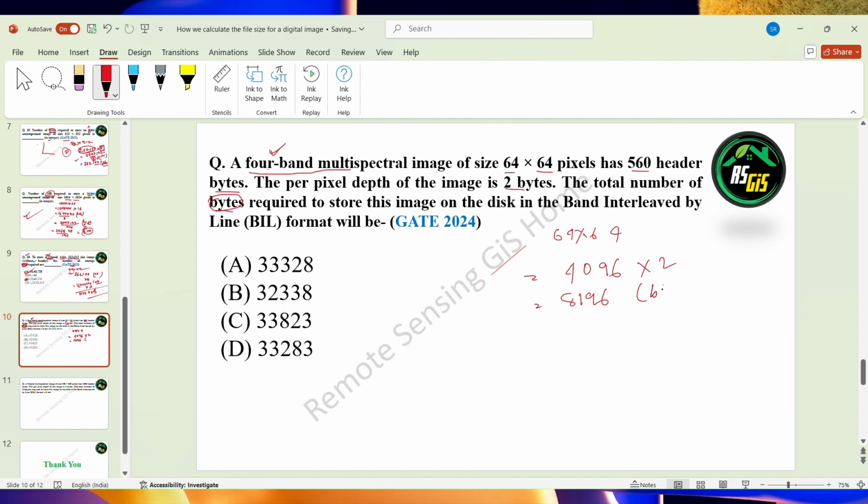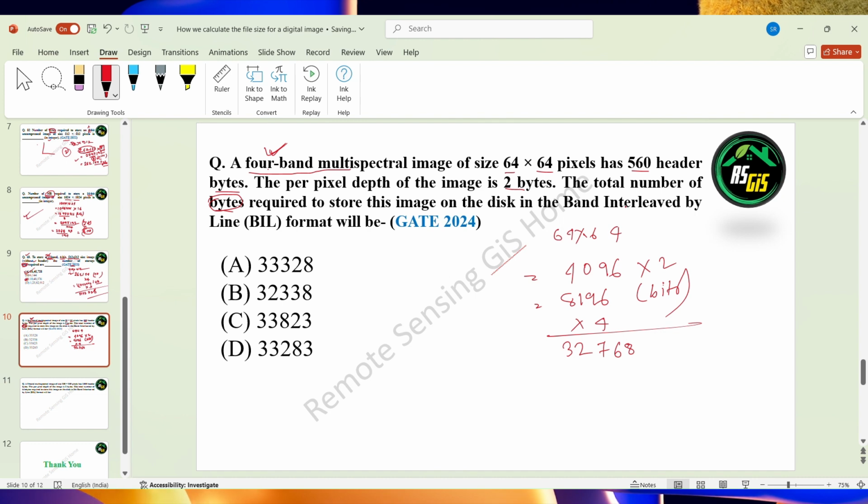This is the value for one band. How many bands are given? 4 bands, so you multiply it by 4 and get 32768.